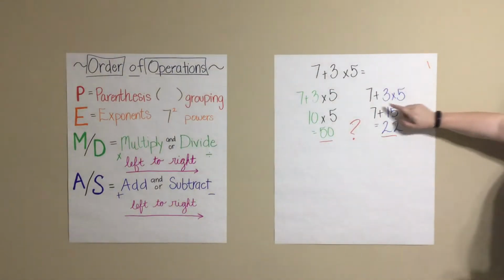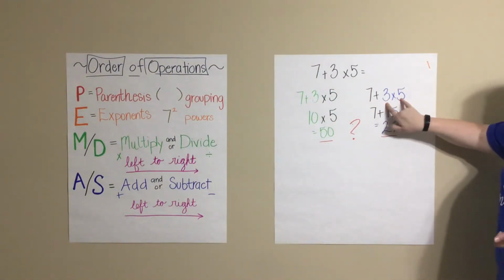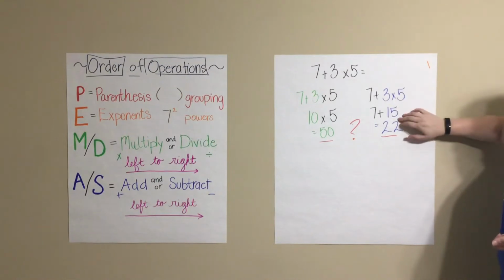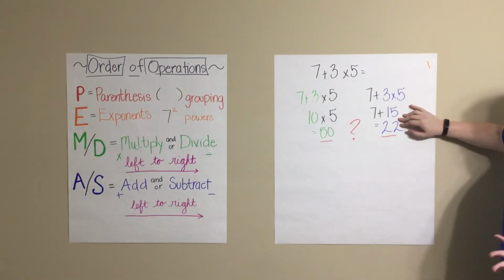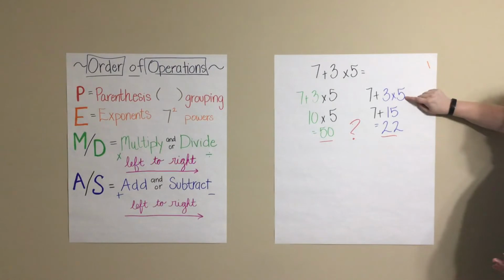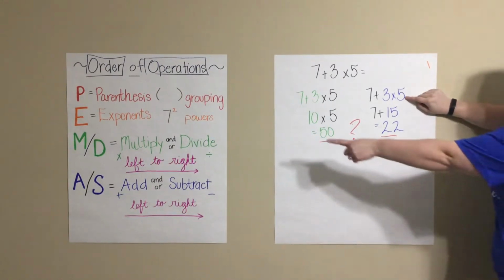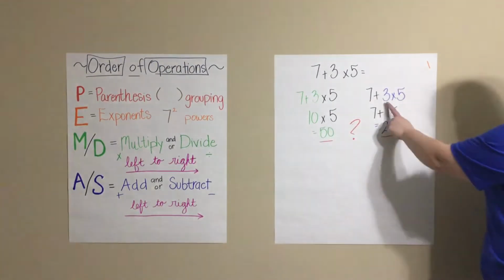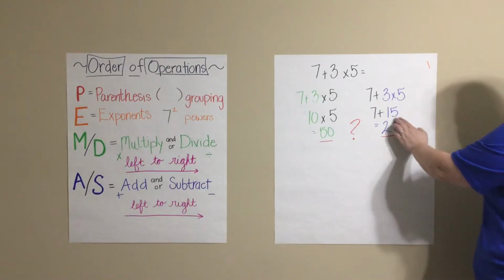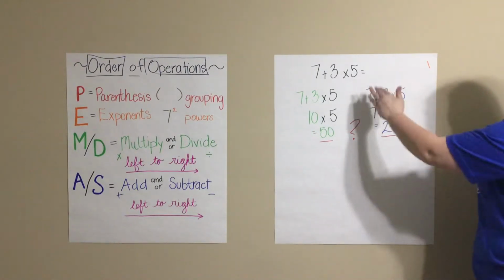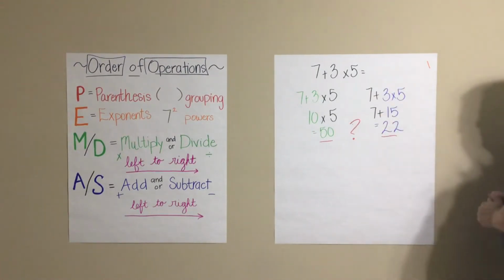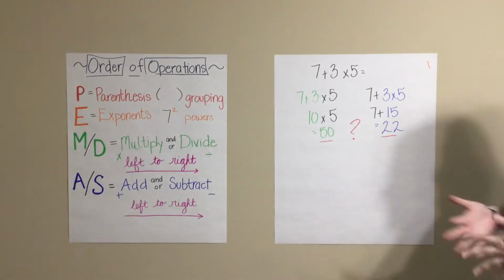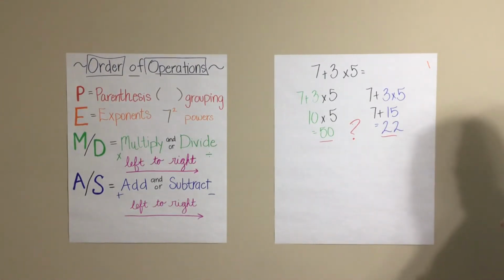So I have 7 plus 3 times 5. This time, I did follow my order of operations. I multiplied first, okay? Multiplied first. So 3 times 5 is 15, and then I just keep that 7, bring that down, and then I can solve when I have one operation left, okay?